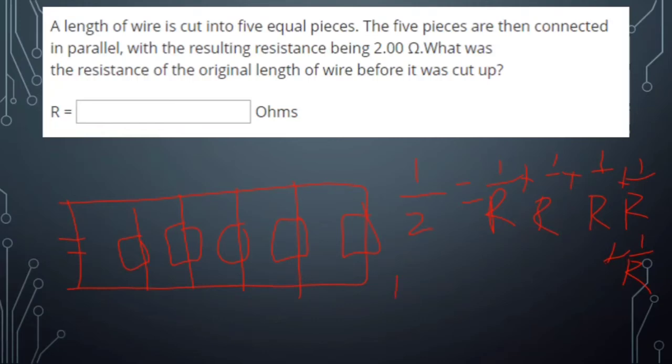So basically 1 over 2 is equal to 1 plus 1 plus 1 plus 1 plus 1, which is 5 over R. Now once we cross multiply, we get R equals 10. So R is 10 ohms.